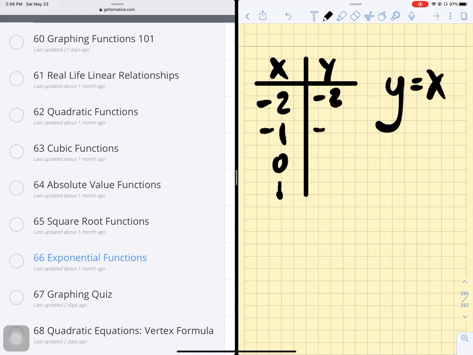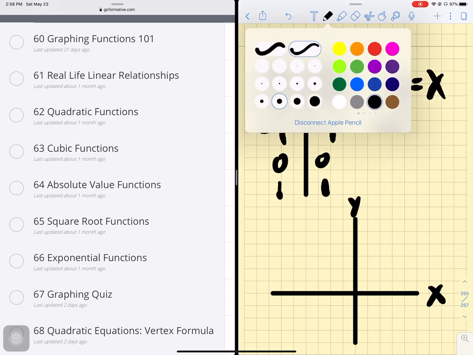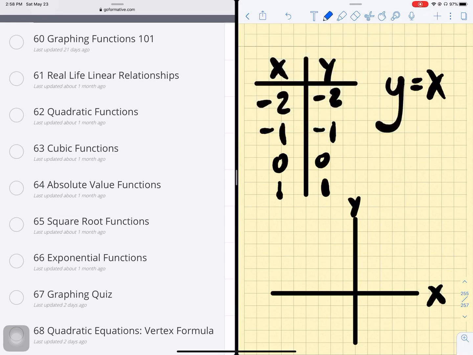So it'd be -2, -1, 0, 1. And if you were graphing that, then -2, -2, -1, -1, 0, 0, 1, 1, 2, 2, and so on. And then you can make your line.